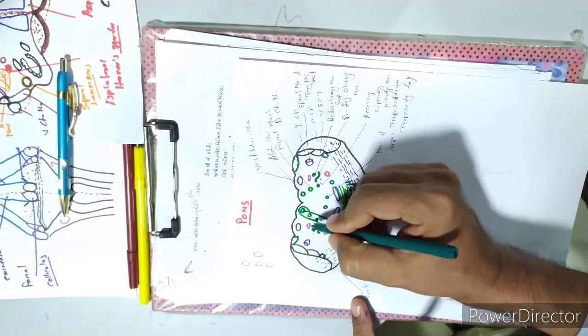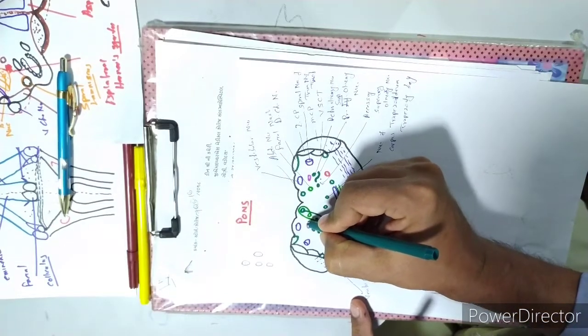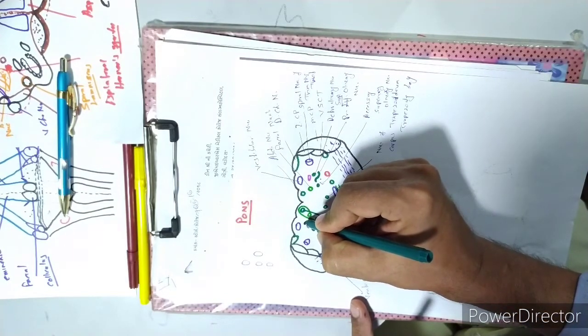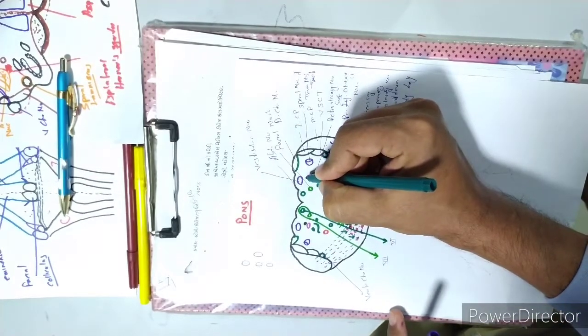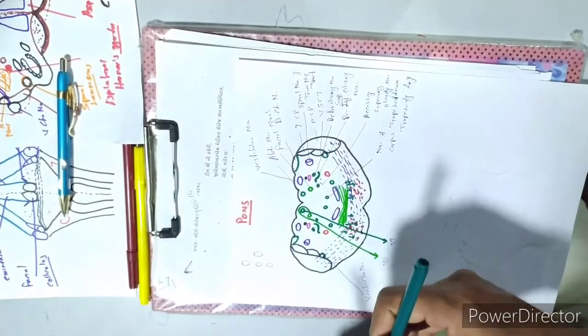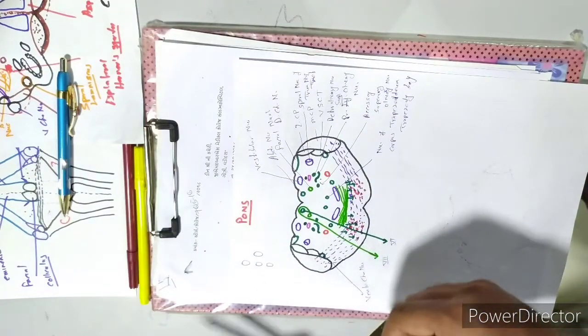Now, lateral to the facial nucleus, this area in green color, is the superior salivatory nucleus.